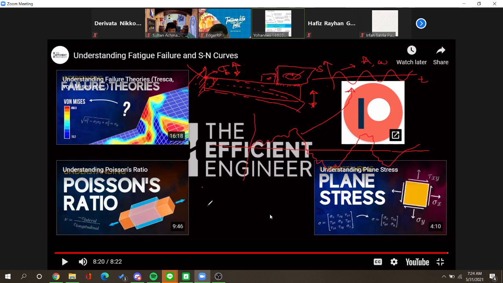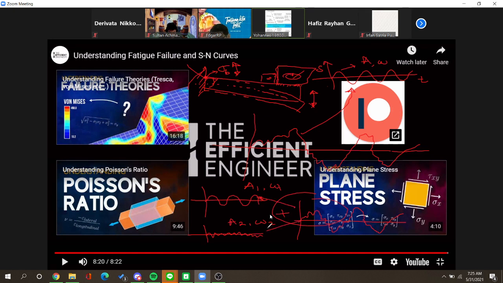Actually, if we have several signals with different amplitude and different frequency, like this one has amplitude A1 and frequency omega 1, and this is A2, omega 2, and so on. If we combine these, then the signal will look like this. In other words, we can decompose this complex signal into these individual signals.